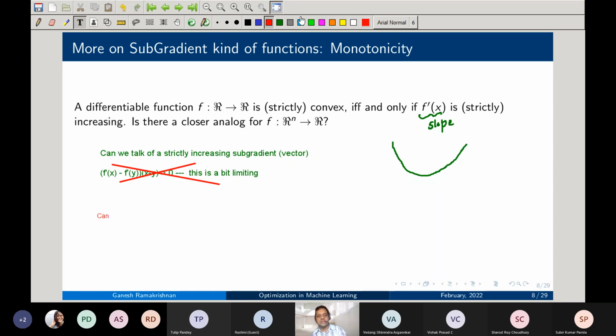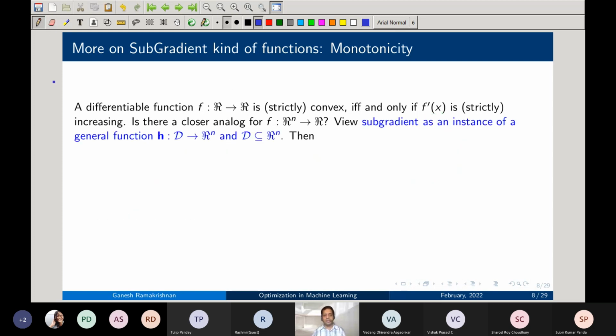Can we talk of something else? Then we talk of monotone vectors. And it turns out we can.